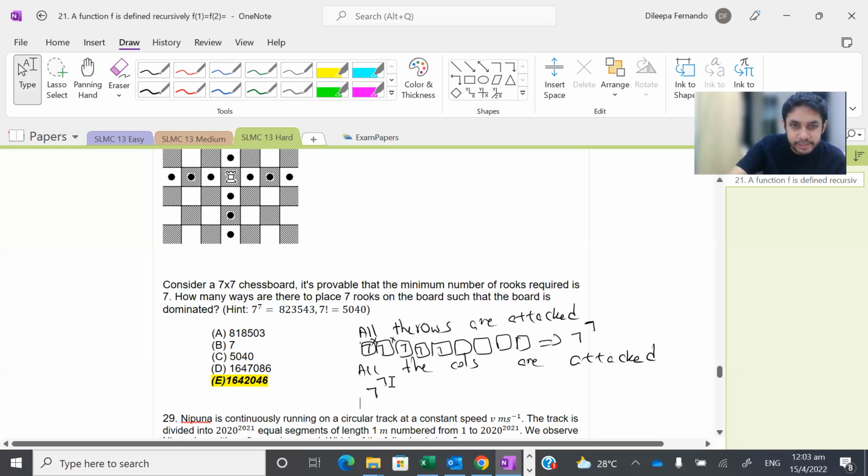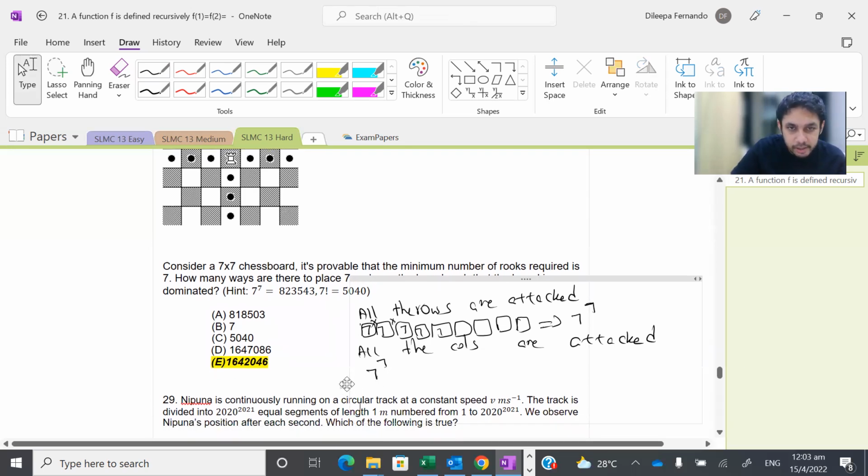There are some configurations where the rows and columns are unique.